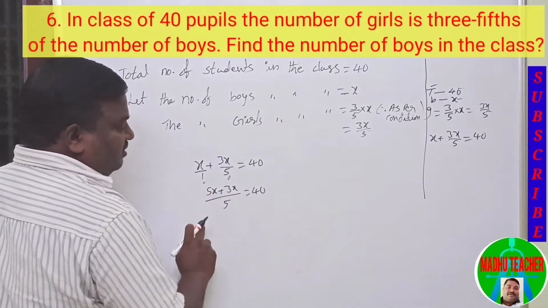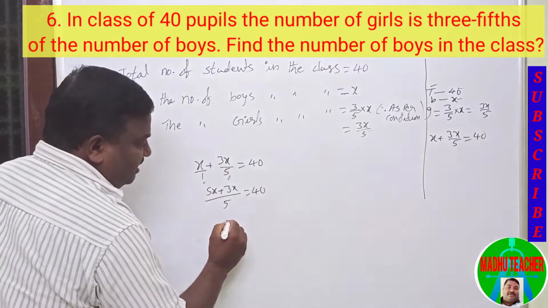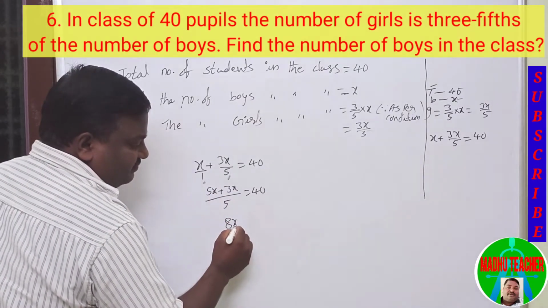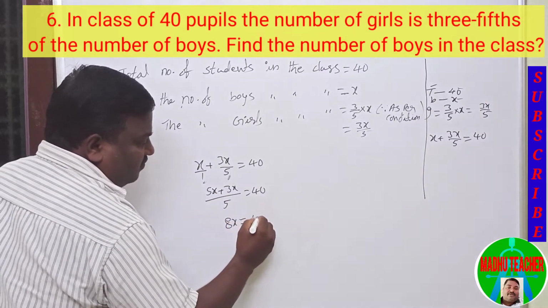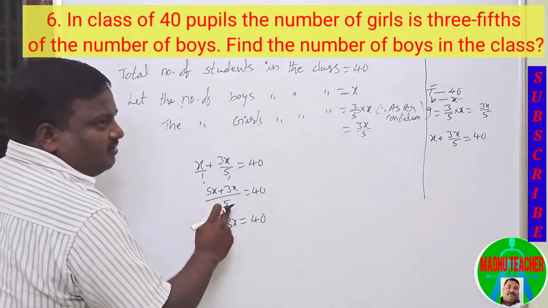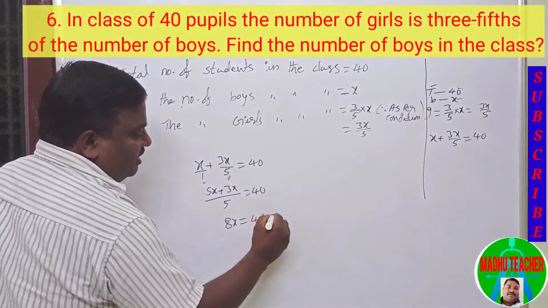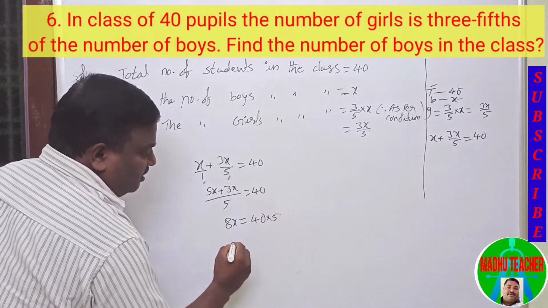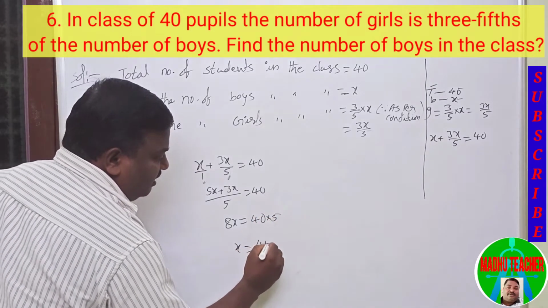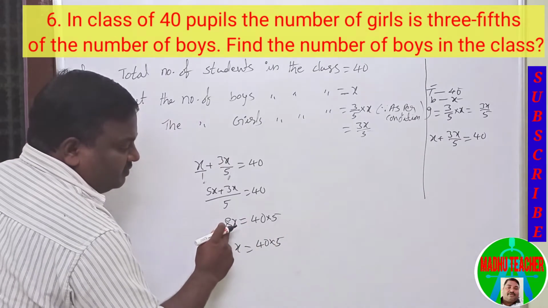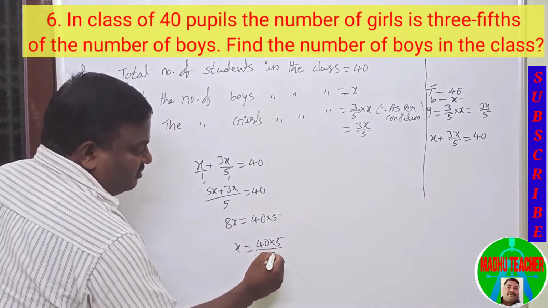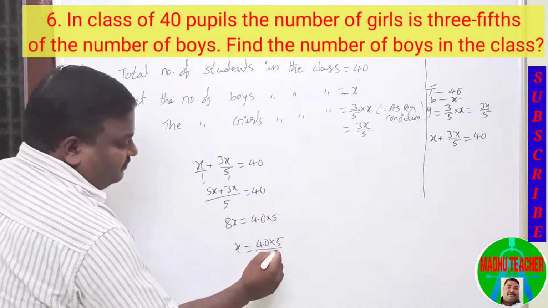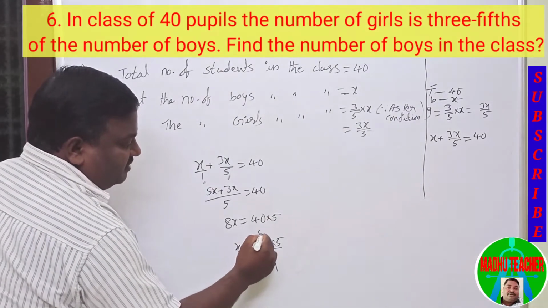Then 5x plus 3x is 8x, equal to 40. The 5, taking to the right side, will become into 5. So x equals 40 into 5, taking 8 to the right side, it is divided by 8. 8 ones are 8, 5 eights are 40.